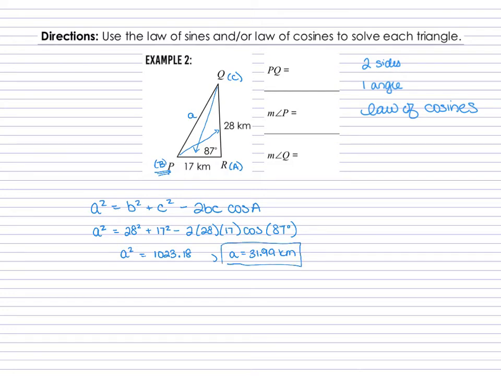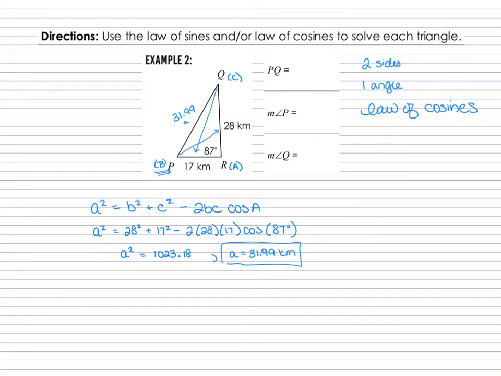Okay, so we've got our side A, which we can now label as 31.99. But we still have to solve for the two angles that we're missing. There's no need to use the law of cosines again.